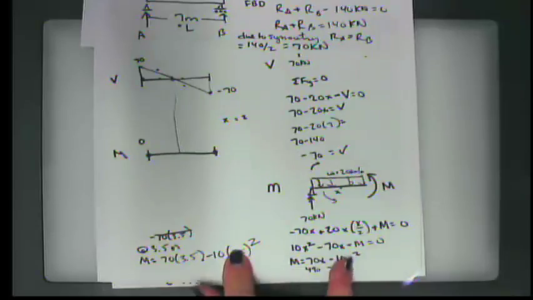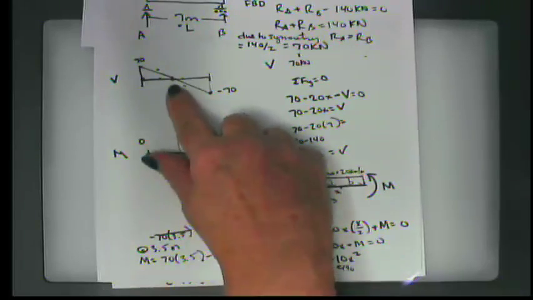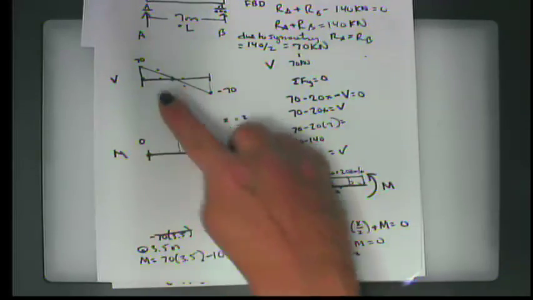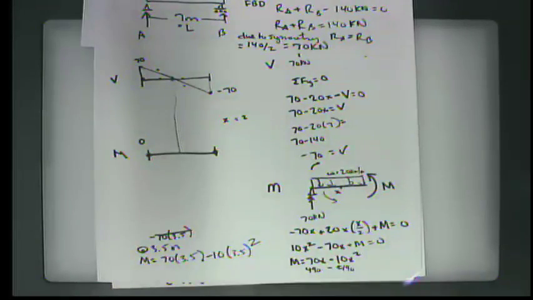And that's going to be the maximum value. If you remember, I'm not going to make you do calculus, but since this is 0, that's going to be an inversion point, or a point where the slope of the moment curve is equal to 0. So you're always going to get a maximum or a minimum moment at a point where the shear is equal to 0. But let's find out what that turns out to be.